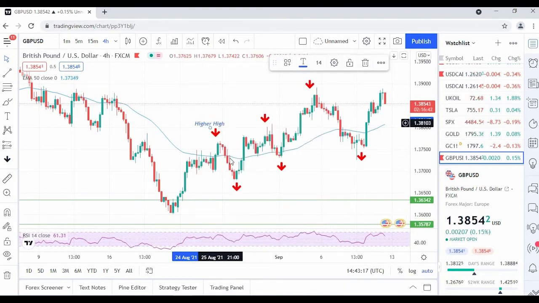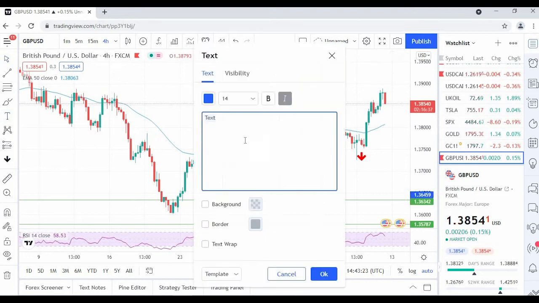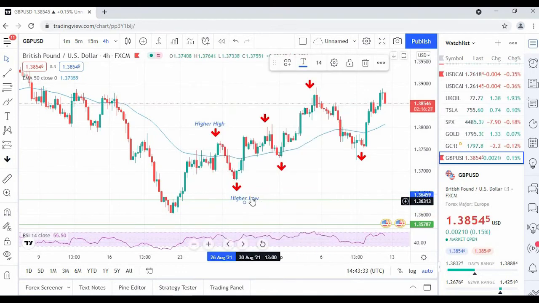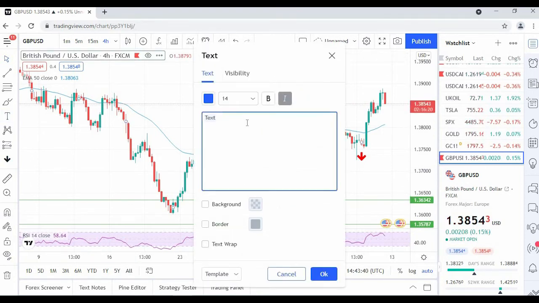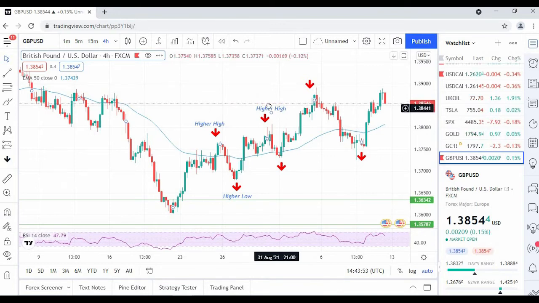So you have the first higher high. You have the higher low. You have the second higher high.